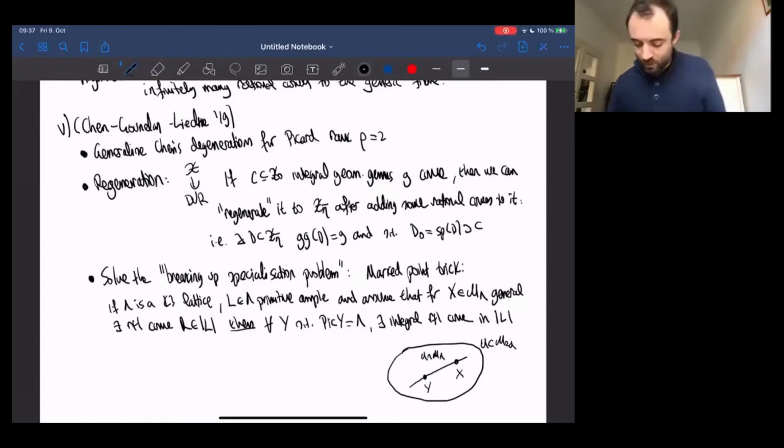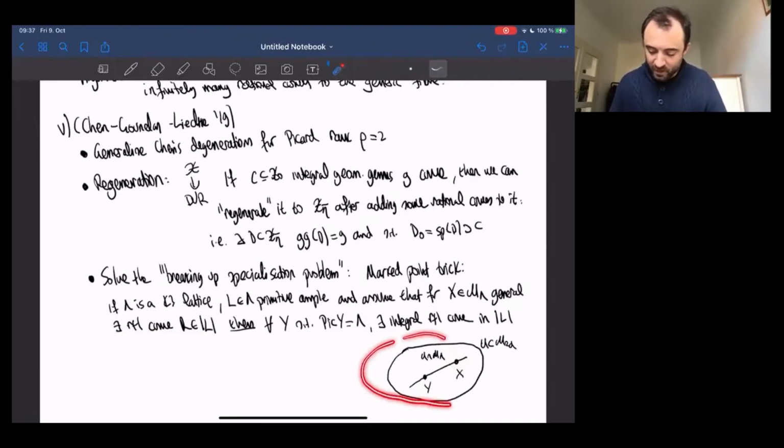Okay, so now we know that on X there exists a rational curve in L. So what we do is we take this rational curve, we spread it out to the entire moduli, this U, and then we try to restrict it to Y and show that it is irreducible here. That's what we want to do.